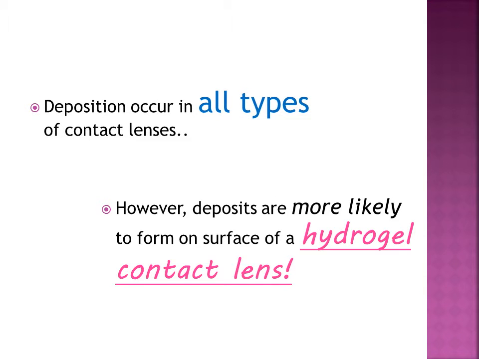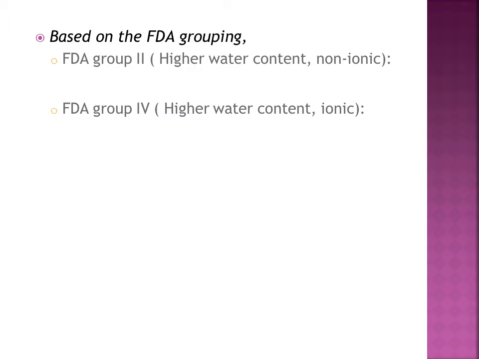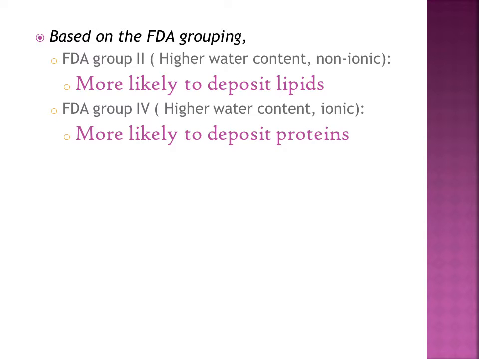Deposition occurs in all types of contact lenses. However, deposits are more likely to form on the surface of a hydrogel contact lens. Based on the FDA groupings, FDA Group 2 lenses are more likely to deposit lipids, while FDA Group 4 are more likely to deposit proteins.